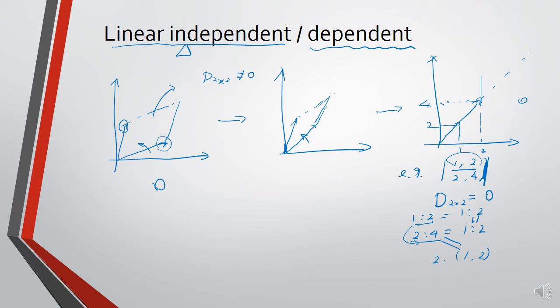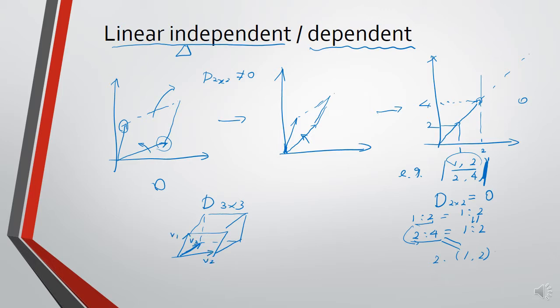Okay, we can expand this to the 3x3 determinant, which gives us the volume. We have the vectors v1, v2, and v3.